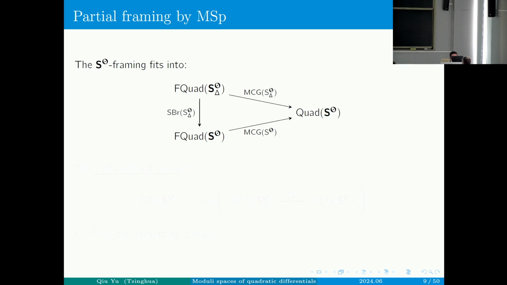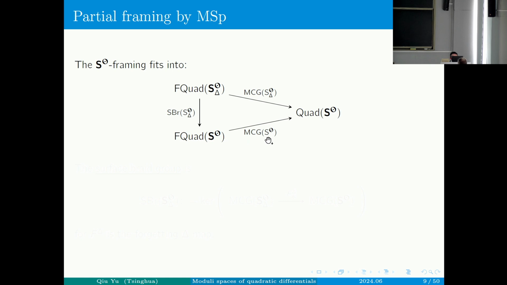And in this special case, previously we were using the whole data to frame, which is called the Teichmüller framing. But because we know the number of simple zeros, we can also forget about that, and just use the surface with punctures and marked points on the boundary to record the information. So this partial framing will give you a covering in between.